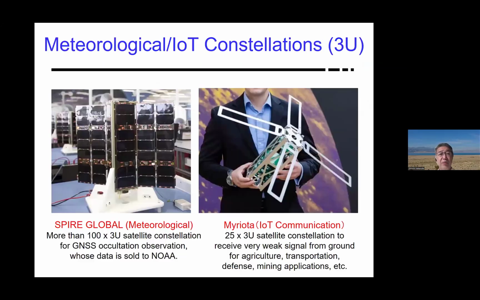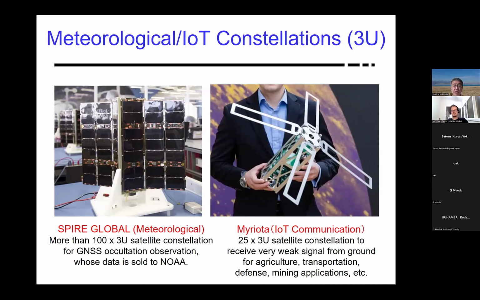In the field of meteorology and IoT, we have the UNISEC-Global company, which is targeting a high time resolution satellite constellation in order to obtain GNSS occultation observation, which can be used for weather prediction. The data is now sold to NOAA.